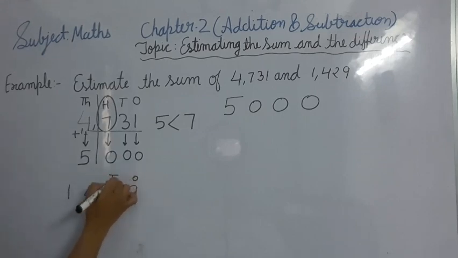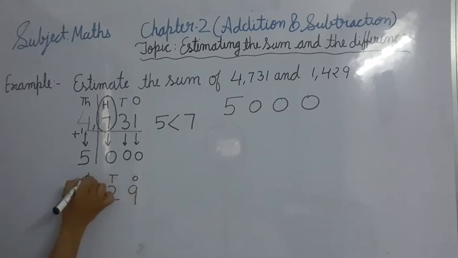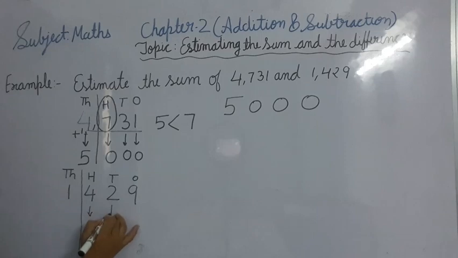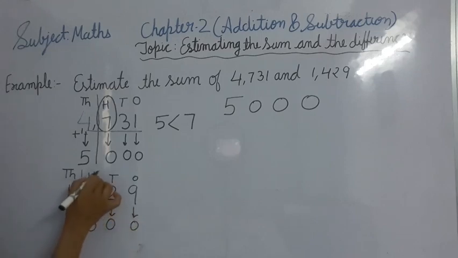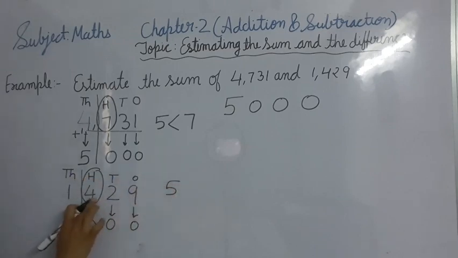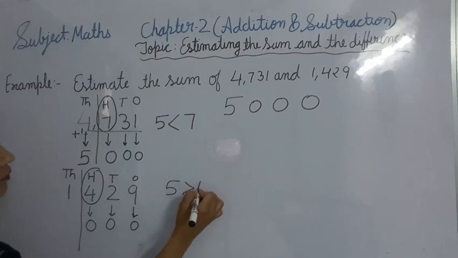1429. Again mention their places: ones, tens, hundreds, thousands. So it is in the thousands. So again we have to round off to the nearest 1000, following the same procedure. Before 1000, convert all the digits to 0 and compare this digit with 5. So 4 is less than 5.